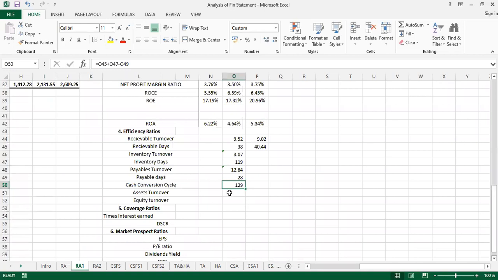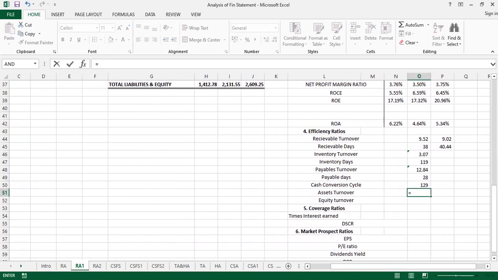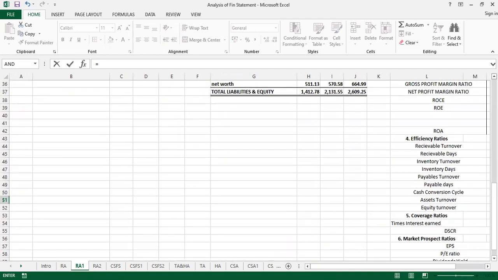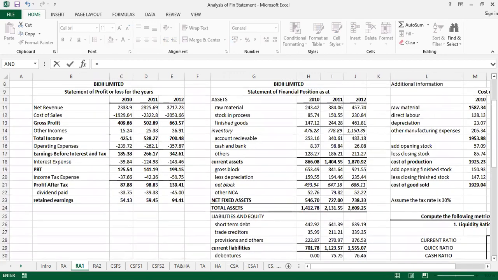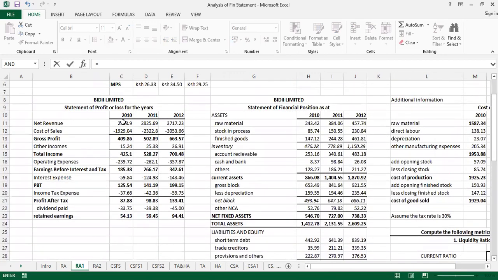So this one will start from here also, here equals. So our total sales, our revenue is here, this one, divided by average total assets, isn't it?